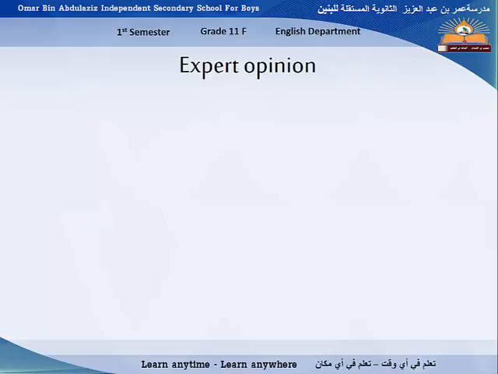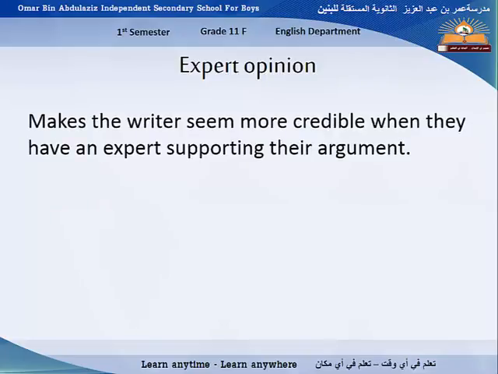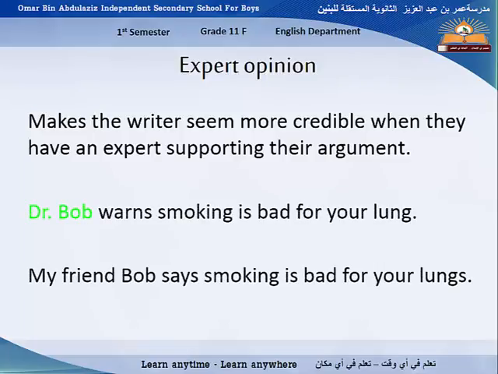Okay, also we can use quotes or expert opinions or scientific research results and so on that make the writer seem more credible when they have an expert supporting their argument. Look at this example. Dr. Bob warns smoking is bad for your lungs. Compare: my friend Bob says smoking is bad for your lungs.